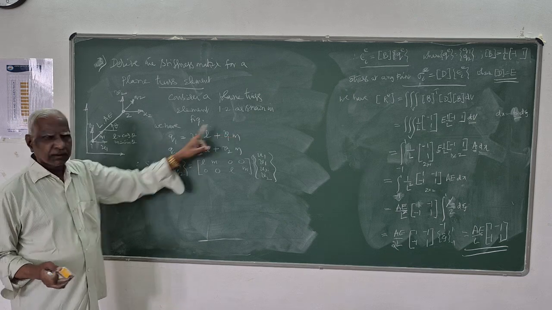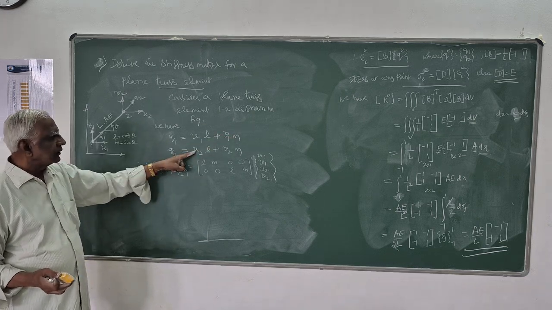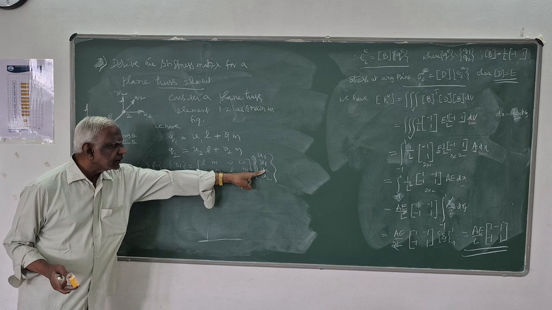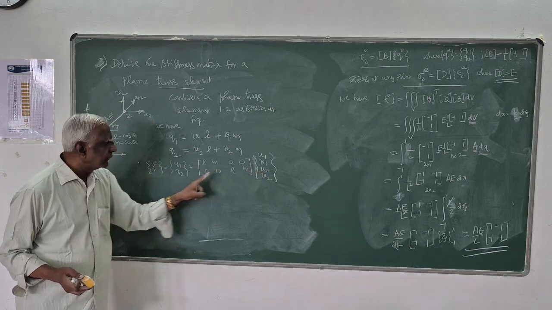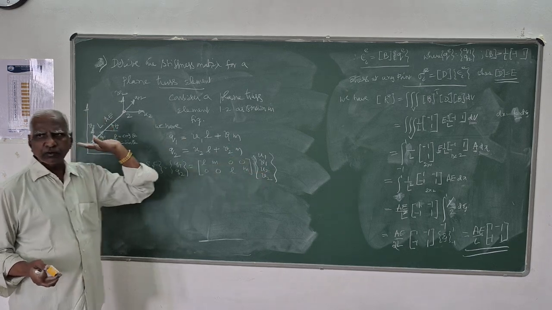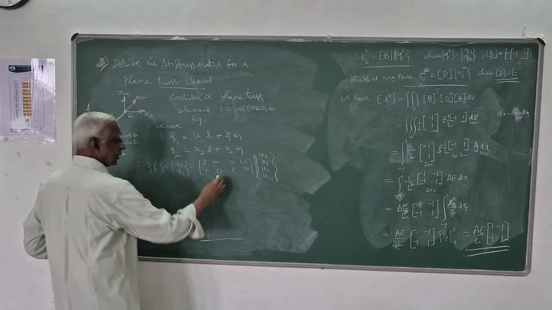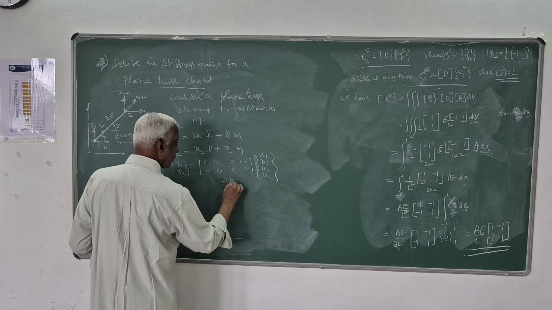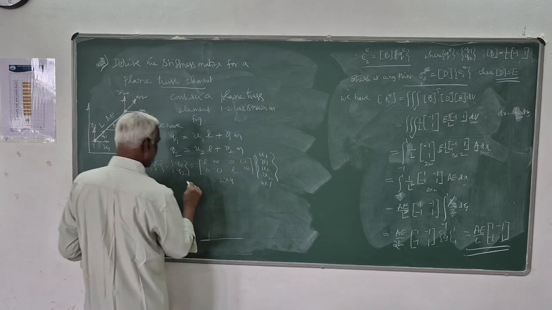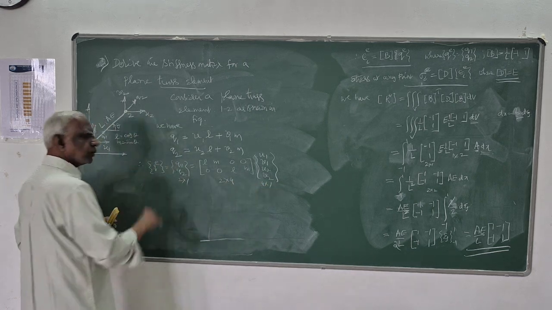Similarly, Q2 is U2 into l, V2 into m, and 0 into U1, 0 into V1. The same thing I am writing in matrix form. So this is 2 by 4, this is 4 by 1, this is 2 by 1.